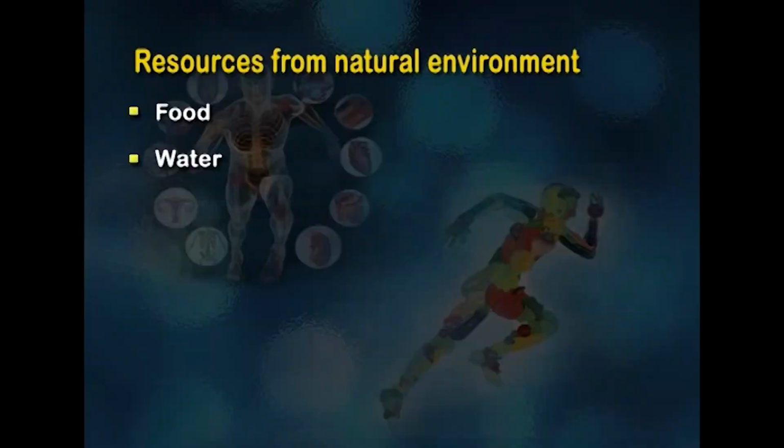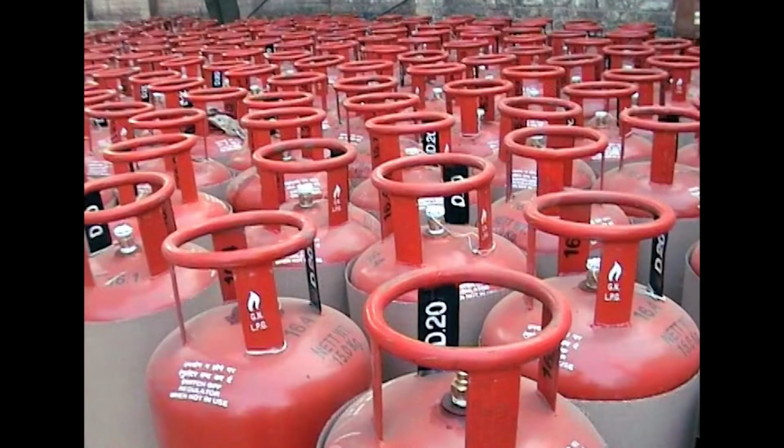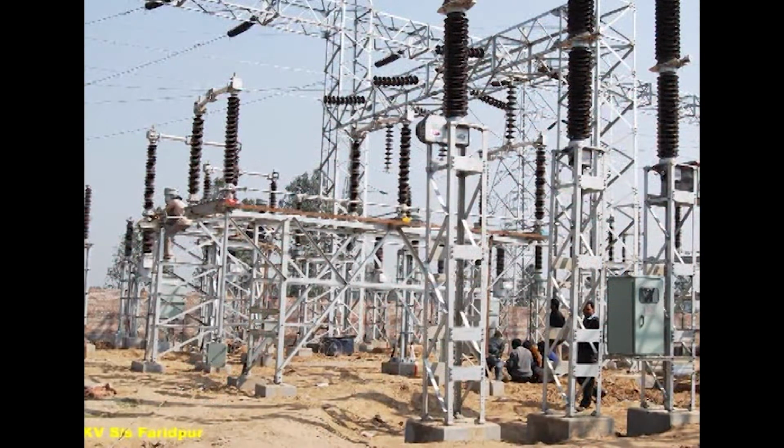Another category of resource from natural environment is energy or fuel sources. There are basically two types of fuel commonly used in India for purposes of food production. One is liquefied petroleum gas, which is also called LPG, and the other is electricity.